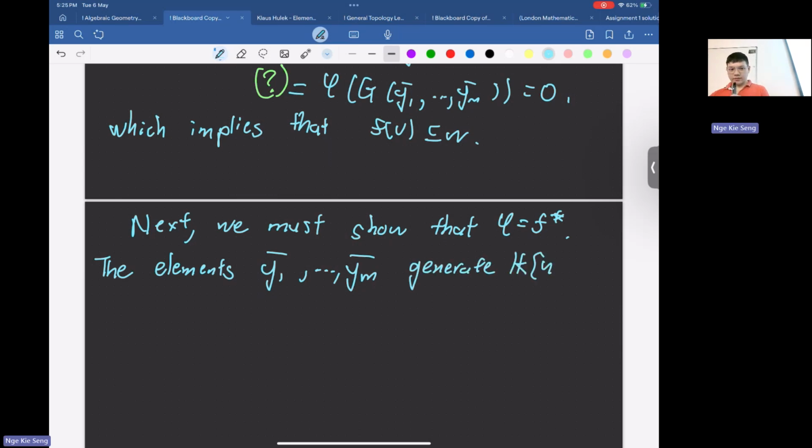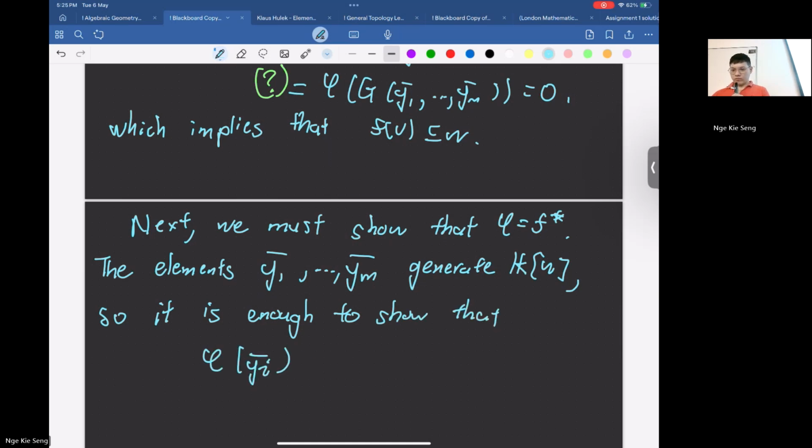Just now we wrote it out already, so it is enough to check on these generators.